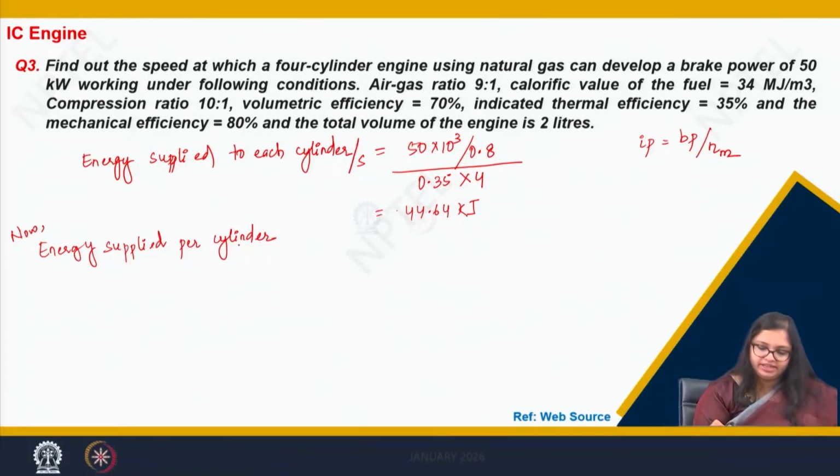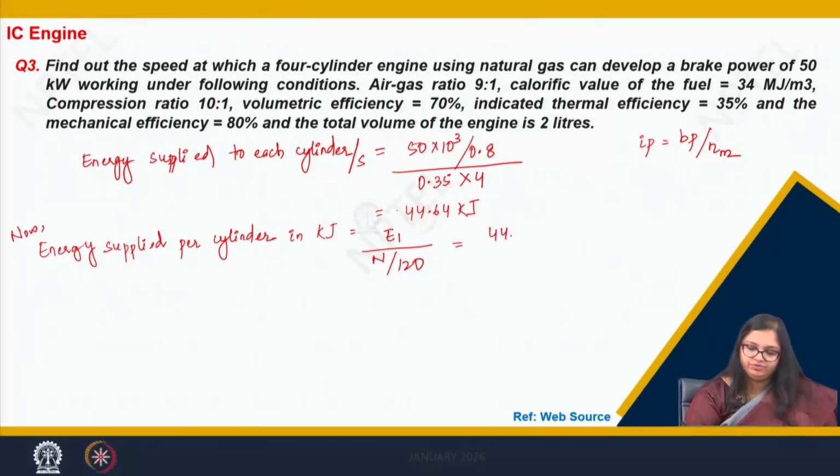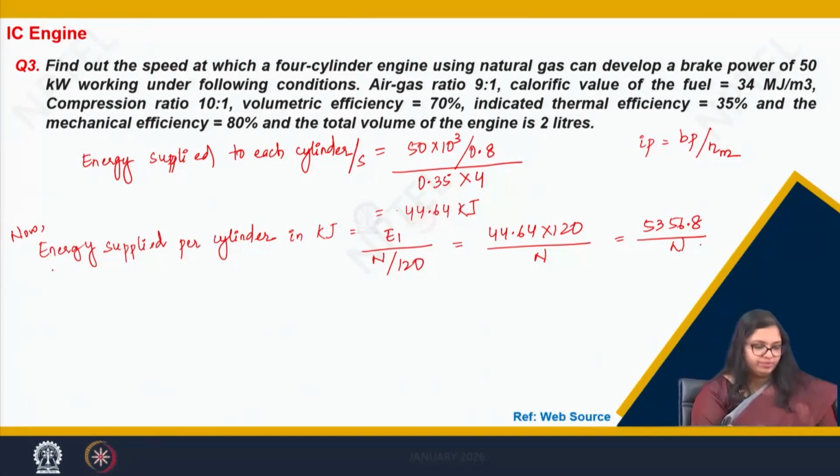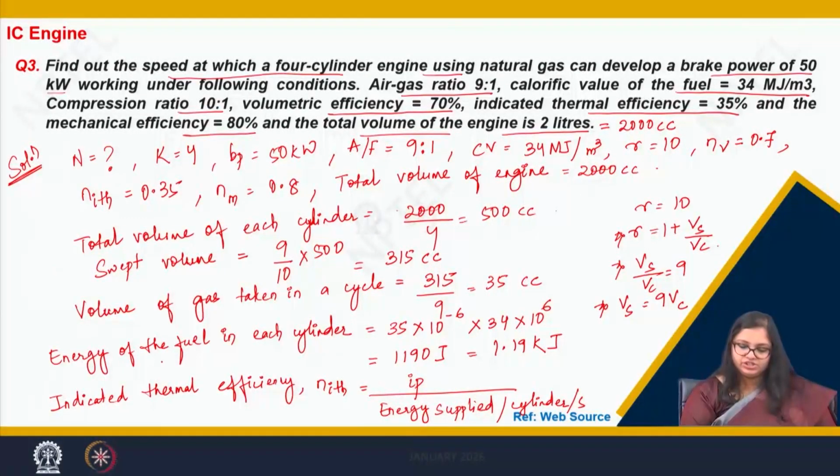So energy supplied per cylinder in kilojoule is equal to E1 by N by 120, which is equal to 44.64 into 120 by N, which is equal to 5356.8 by N. So here we have found the energy of the fuel in each cylinder as 1.19 kilojoule.